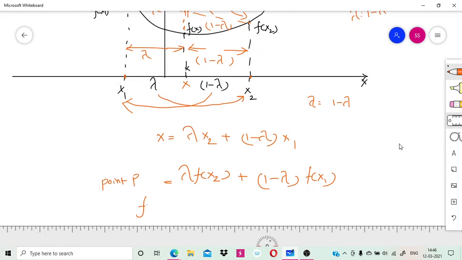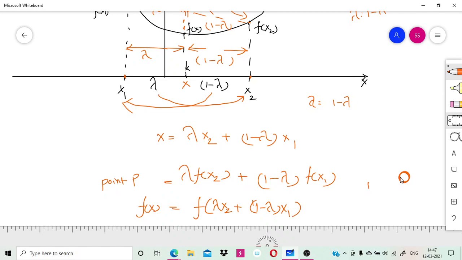So f of x is equal to f of, you substitute for capital X, that is nothing but f of lambda x2 plus 1 minus lambda x1.